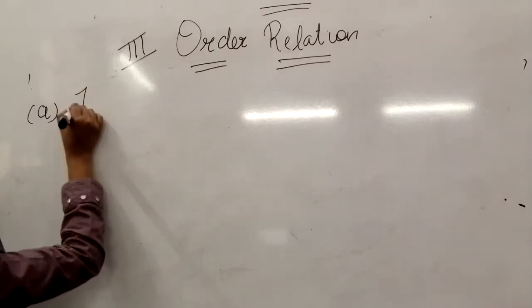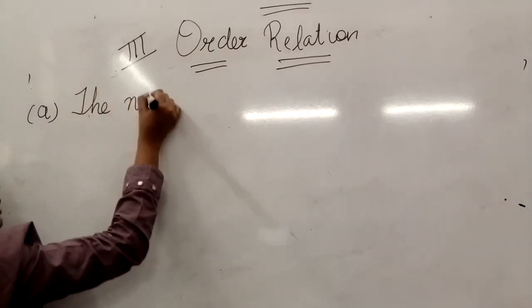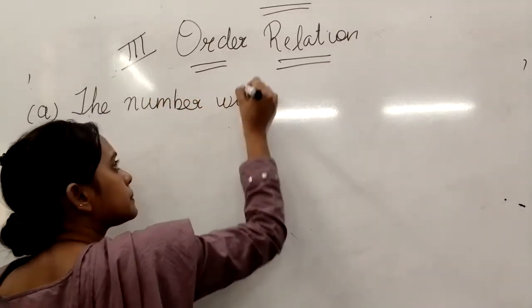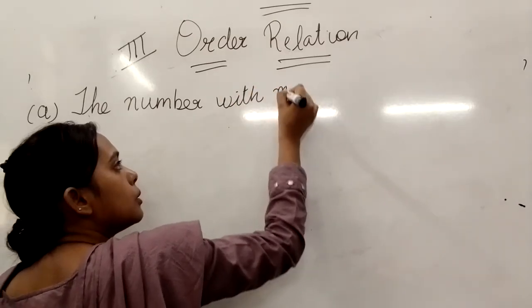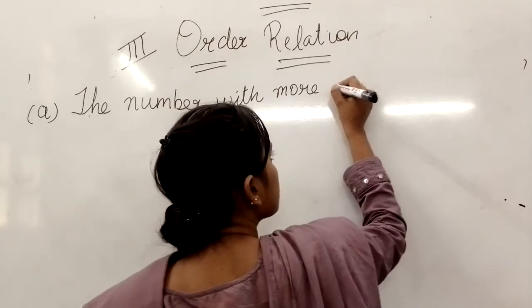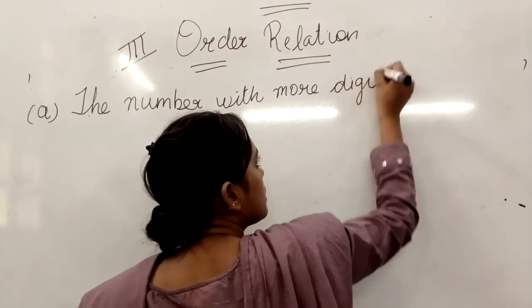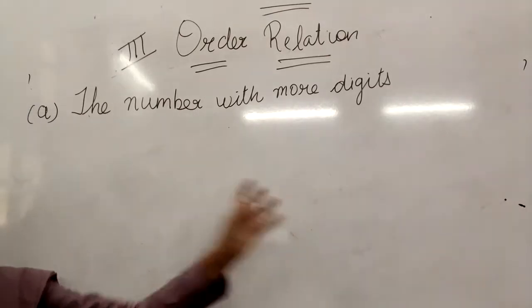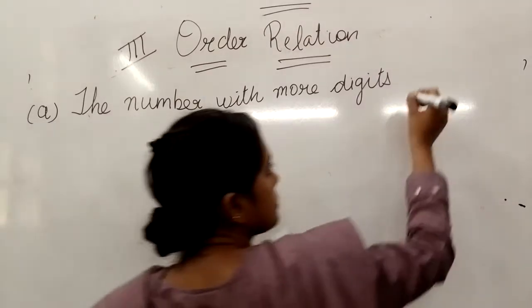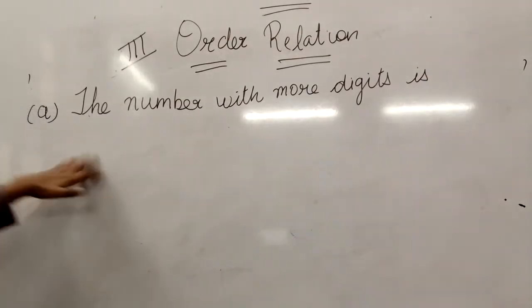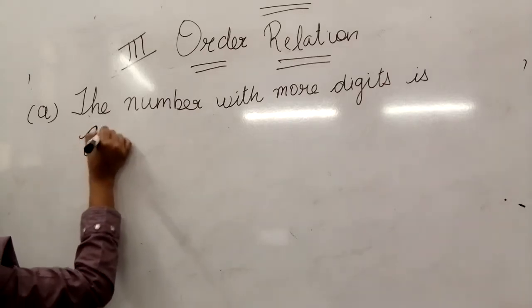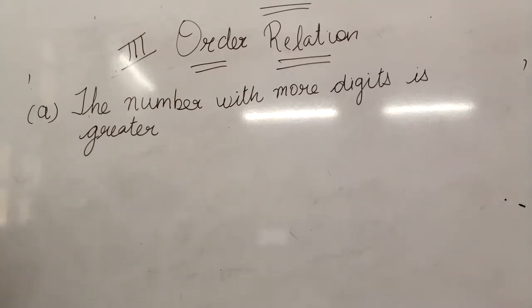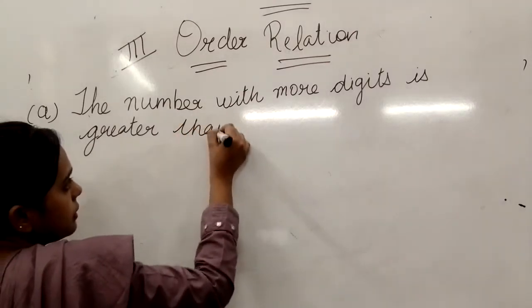The number with more digits is greater than the number with fewer digits.